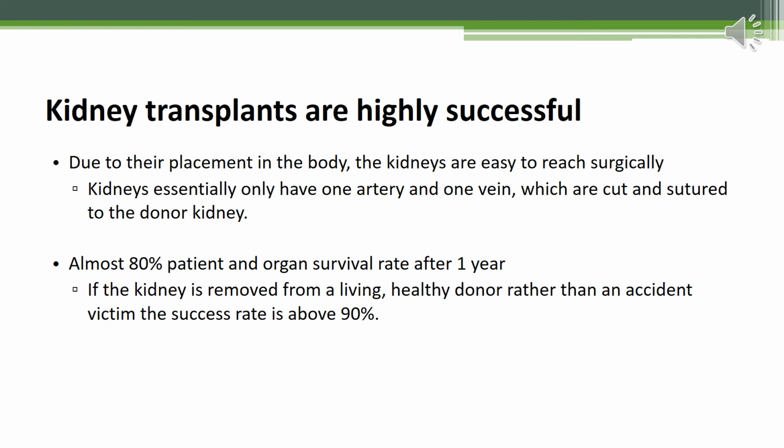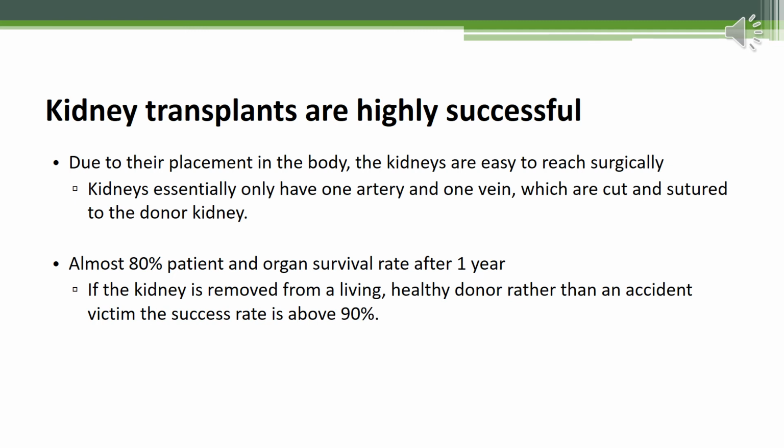Dialysis isn't really a long-time treatment for kidney disease, and this is why a kidney transplant may need to be performed. These transplants are typically highly successful, and part of this is due to the fact that the kidneys are easy to reach surgically because they're on either side of the lower back or spine.